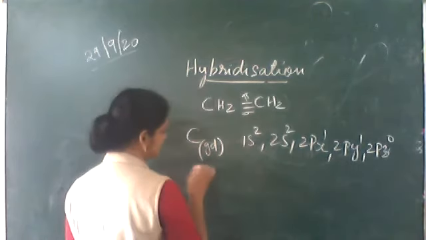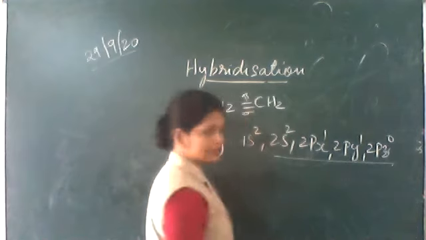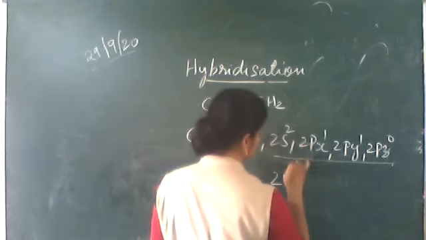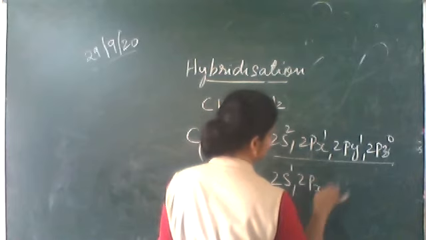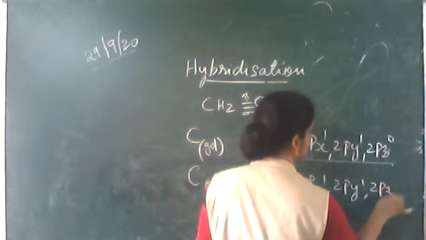Now carbon in the excited state, I am showing this valence: 2s1, 2px1, 2py1, 2pz1.